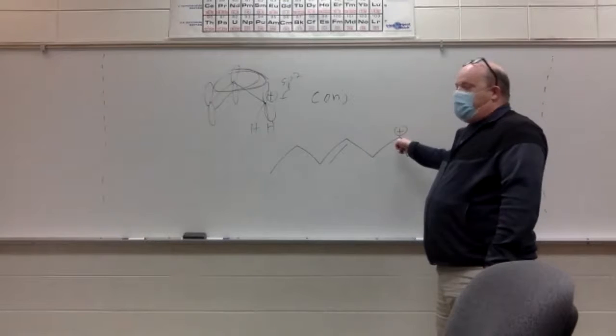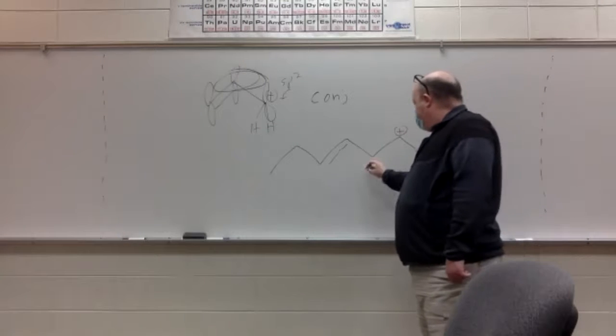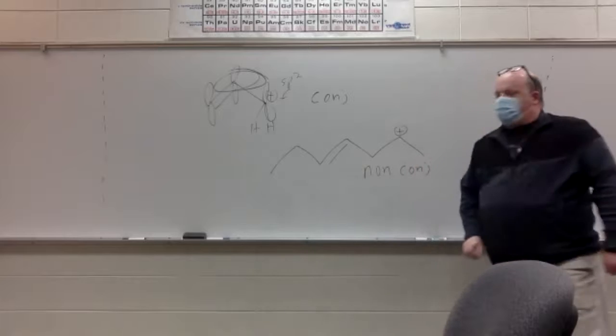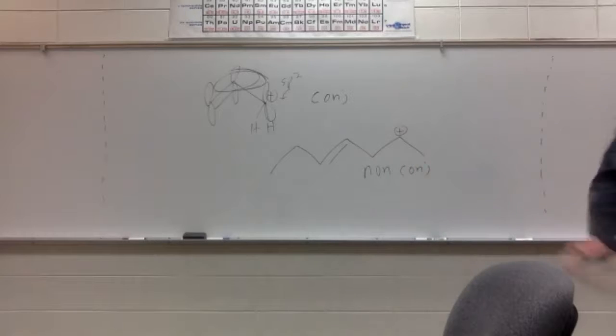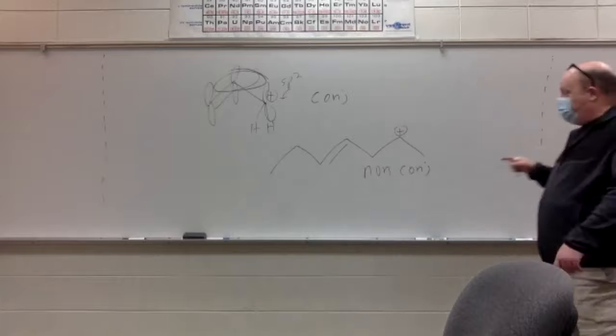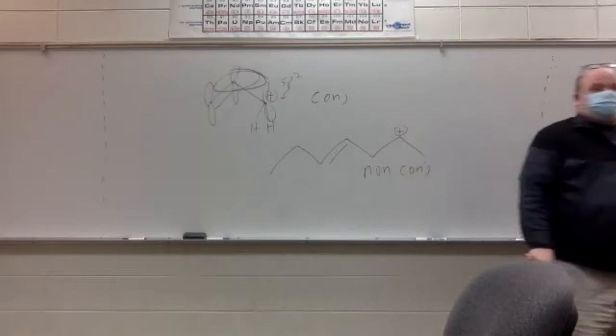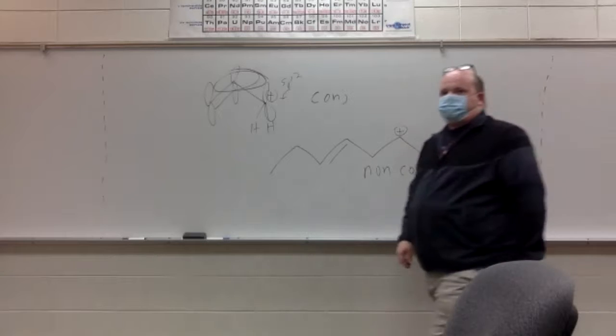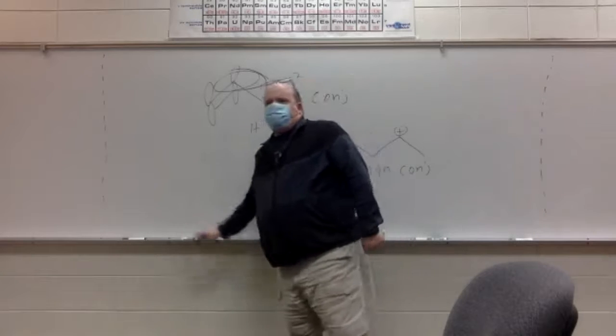This is not an allylic carbocation. It just happens to be a species that has a carbon-carbon double bond and a positive carbon. But this is not in the allylic position. So that would not be conjugated. Does that make sense?